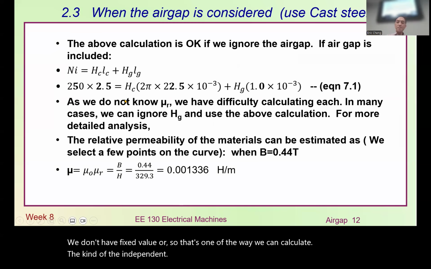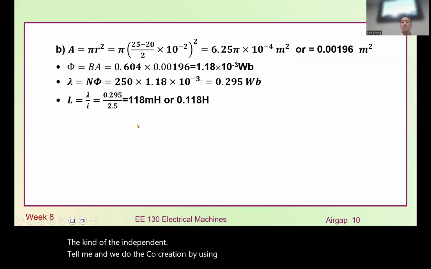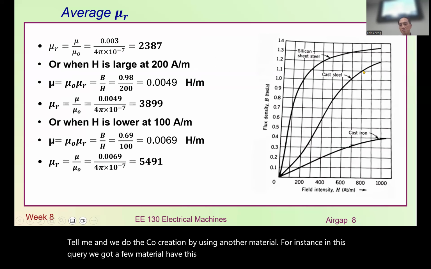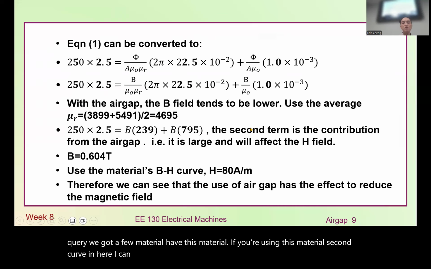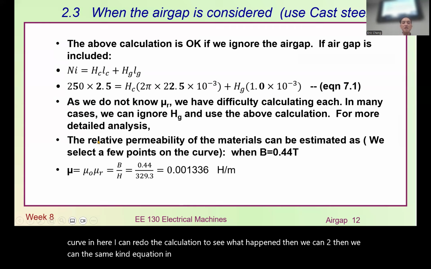So that's one of the ways we can calculate the inductance. Then we do the calculation using another material. For instance, in this curve we have a few materials. If we use the second curve here, again we do the calculation to see what happens, using the same equation.